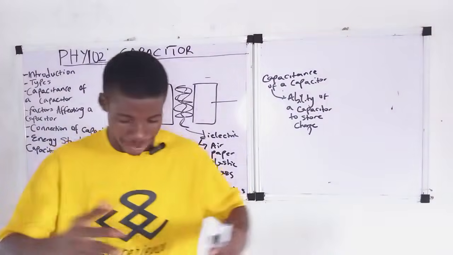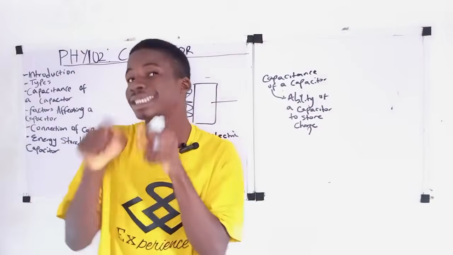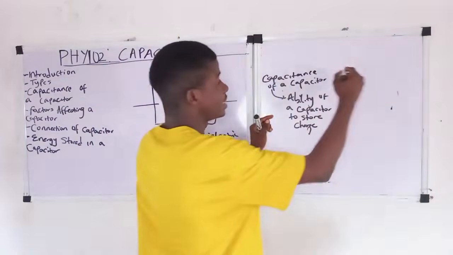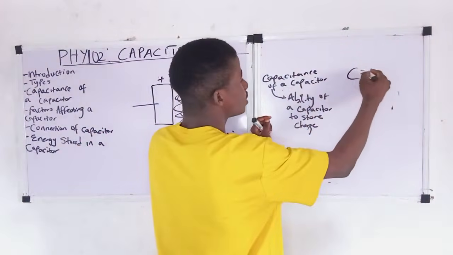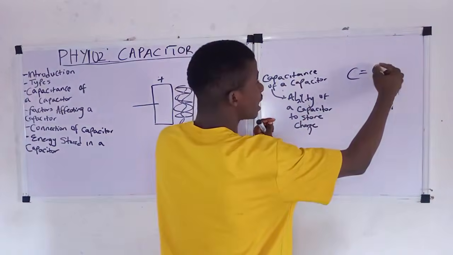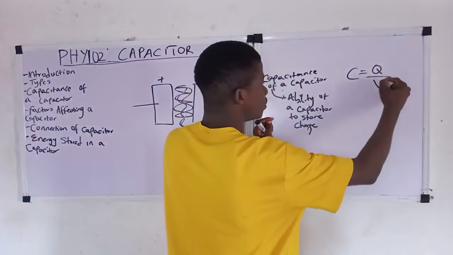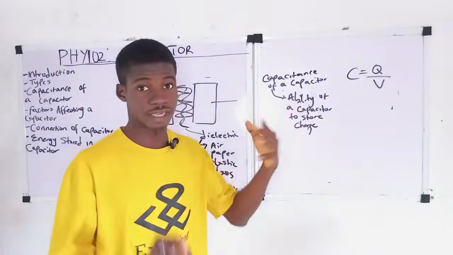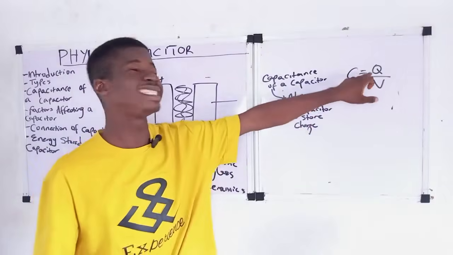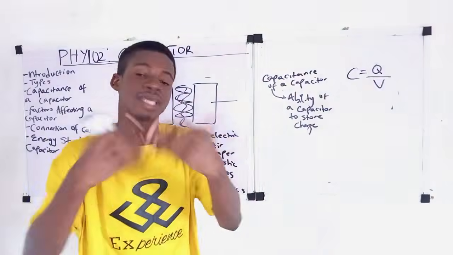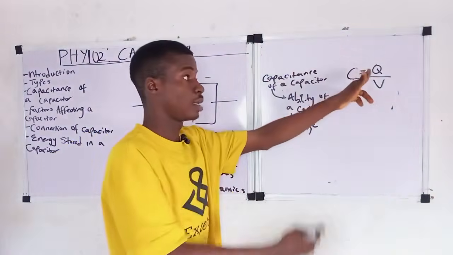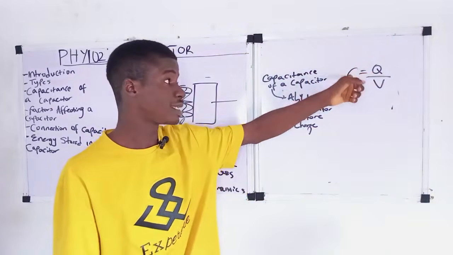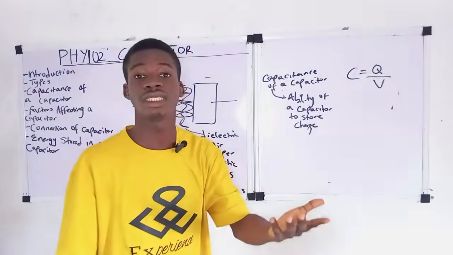The ability of a capacitor to store charge is known as the capacitance of a capacitor, represented by C. You can also say the capacitance of a capacitor is the ratio of the charge stored by that capacitor to the voltage between the two plates, or the charge stored by a capacitor per unit volt.